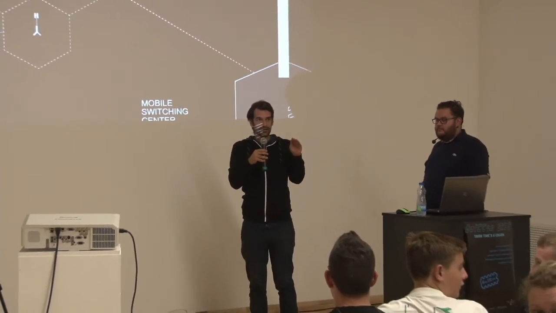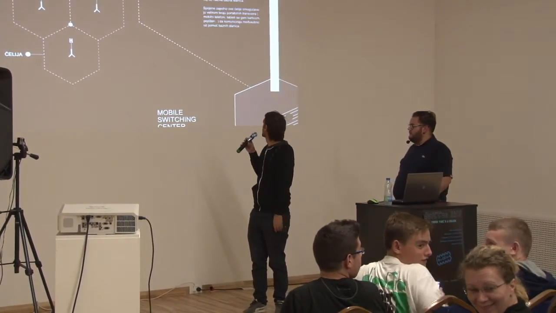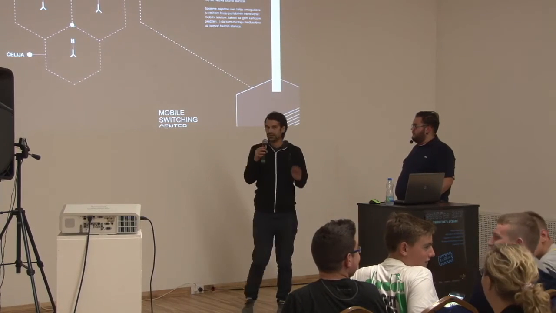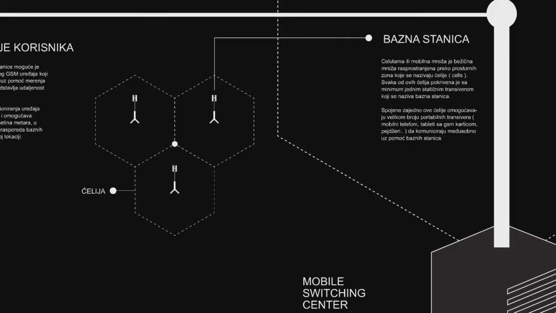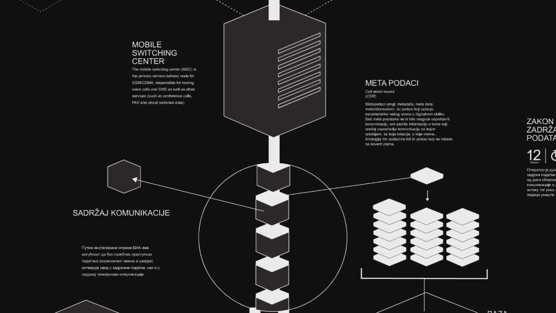And then from the base station, it's going to something called the mobile switching center. And this is where the magic is starting to happen. In this mobile switching center, these packets, it's similar to the internet.